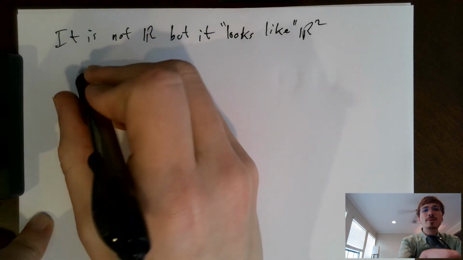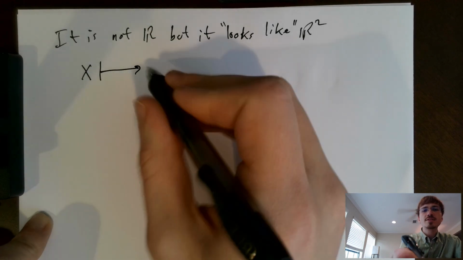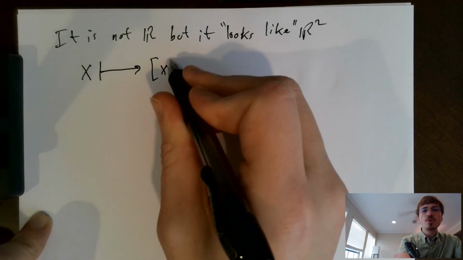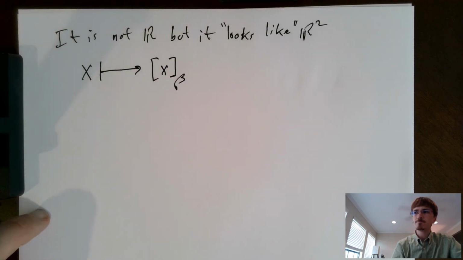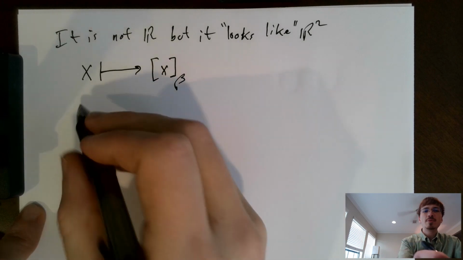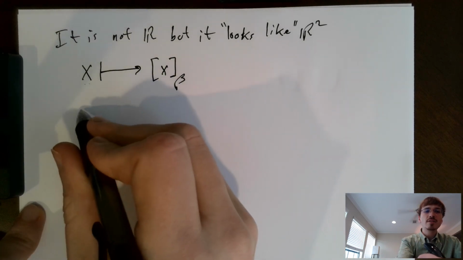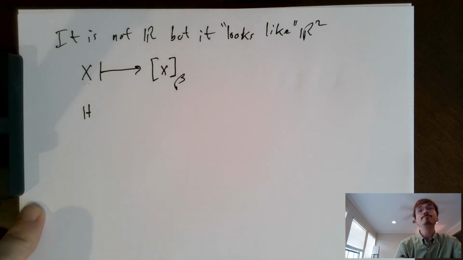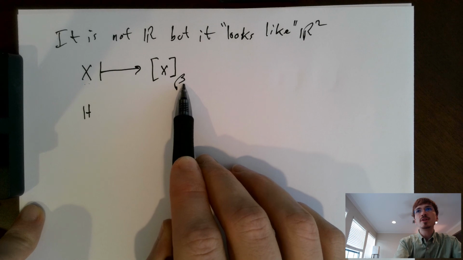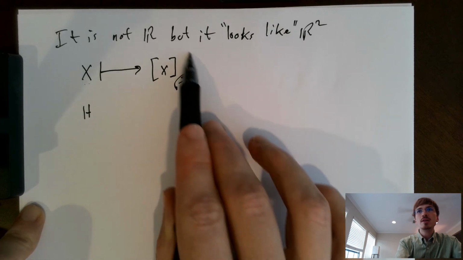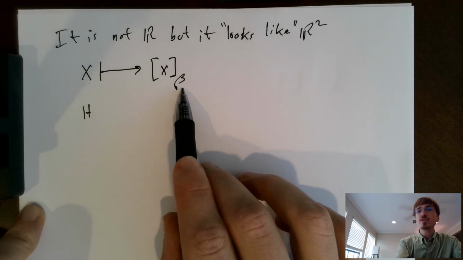Let's consider a mapping that takes the vector x and sends it to its coordinates in the beta basis, yeah? Well, what is it a map from? For any vector x that lives in H, it's going to send it to its coordinates with respect to the beta basis. What's the size of the coordinates in the beta basis?